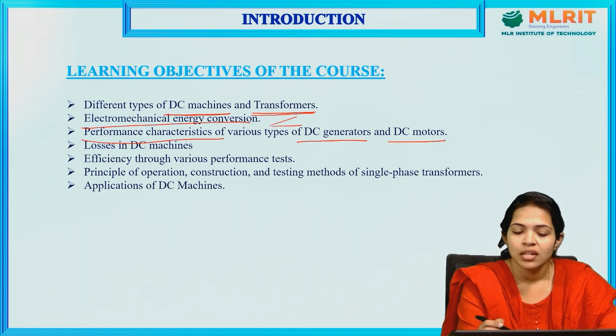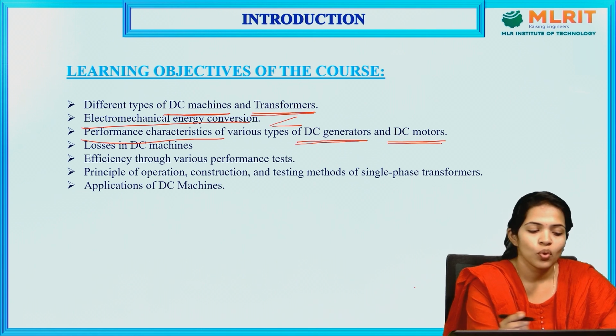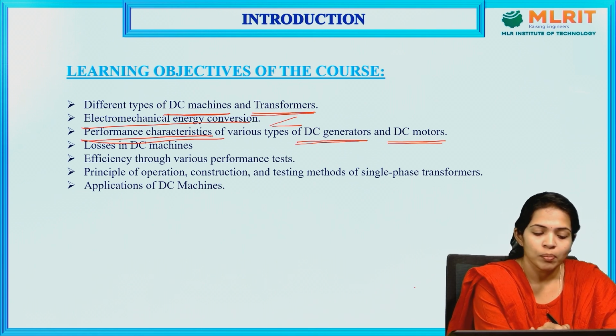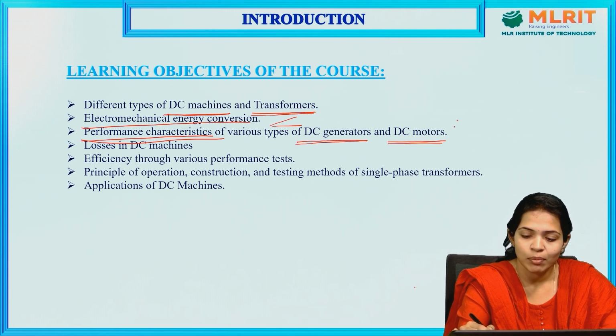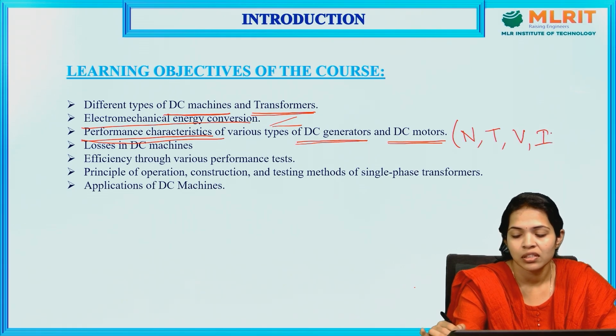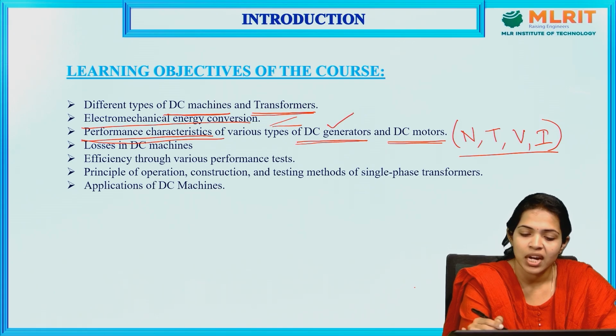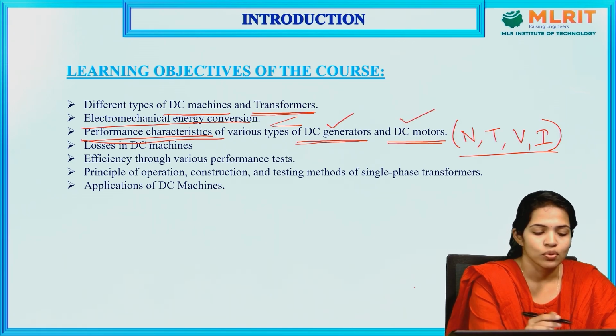As discussed, DC machines means DC generators and DC motors. What are the performance characteristics? Mainly, we will be studying the speed, the torque, the voltage and the current, and the relation between all these four terms in detail for different DC generators and different DC motors in this course.